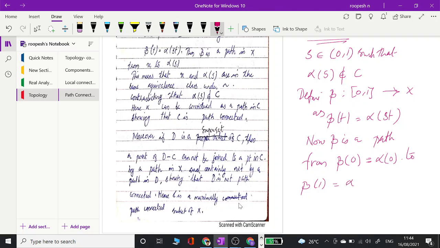Now what is beta of 1? Alpha of s times 1, that is alpha of s.